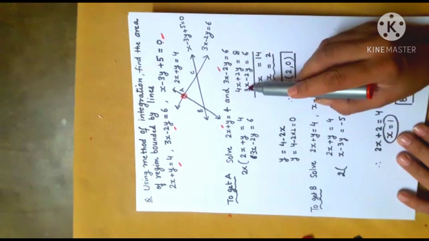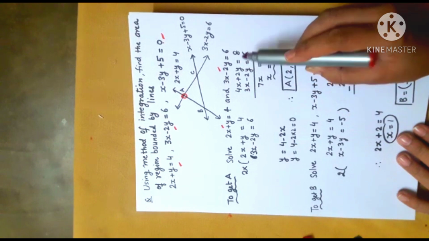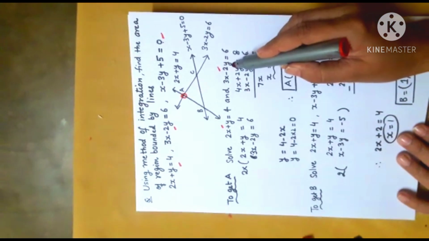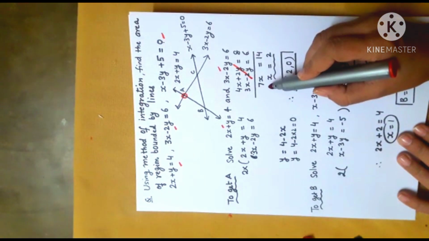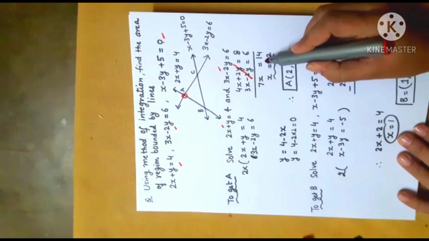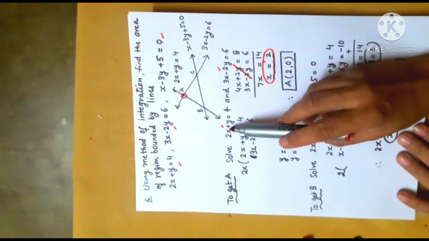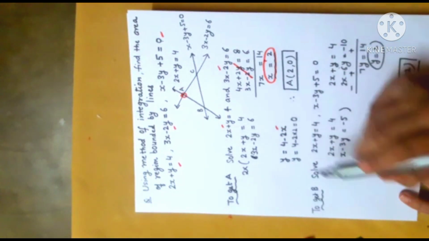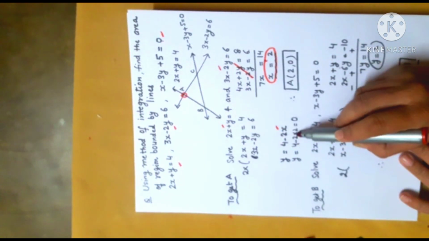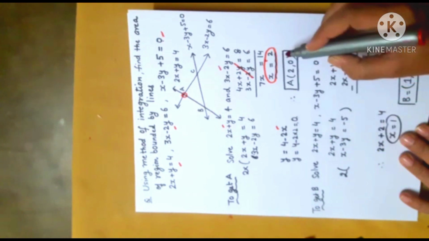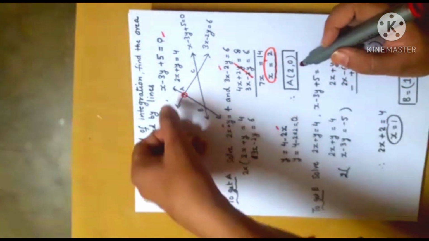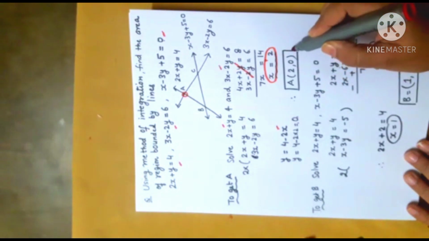And second equation is 3x minus 2y equals 6. I'll add them up. This will get cancelled out. So I'll get 7x equals 14. From here, x is equal to 2. Now when x is 2, y will be equal to 4 minus 2x, that is 4 minus 2 into 2, which is 0. So coordinates of this point A will be 2, 0.